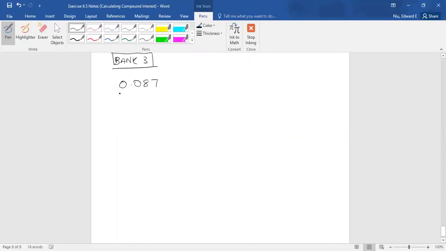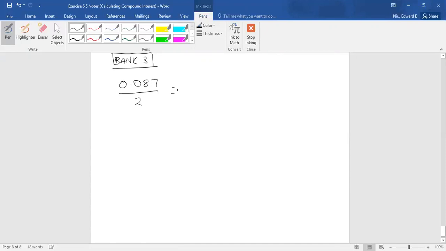And we would divide this by 2 because it's compounded 6 monthly. Please don't write 6. 6 monthly means biannual. So after every 6 months, the bank will compound. So it's going to do it twice per year, basically.